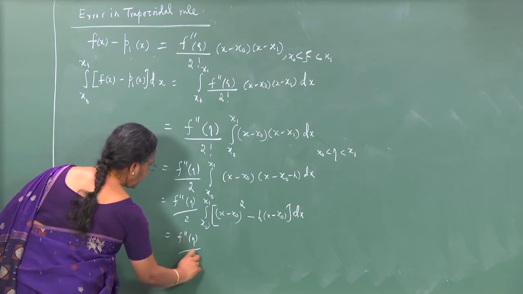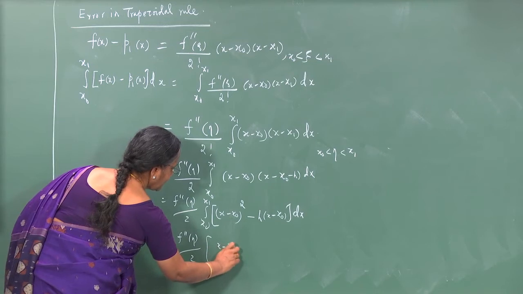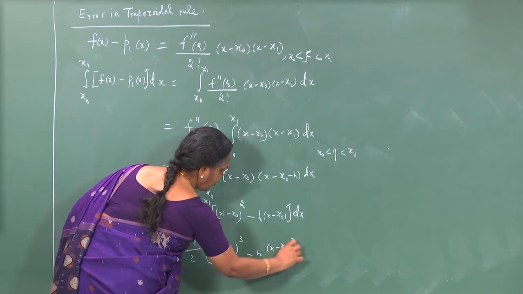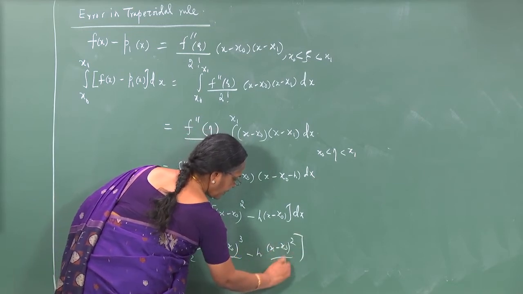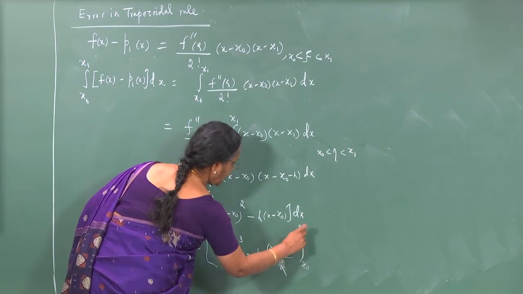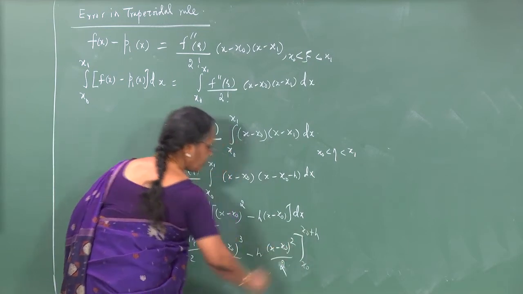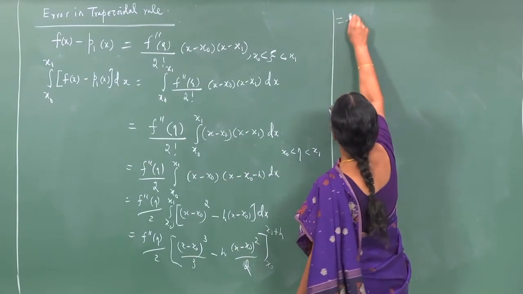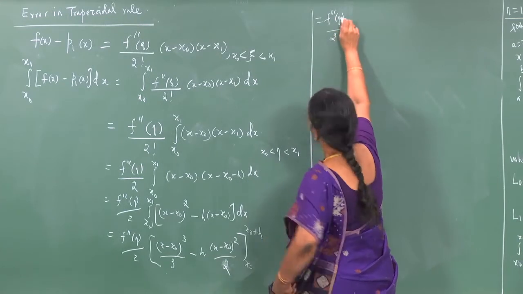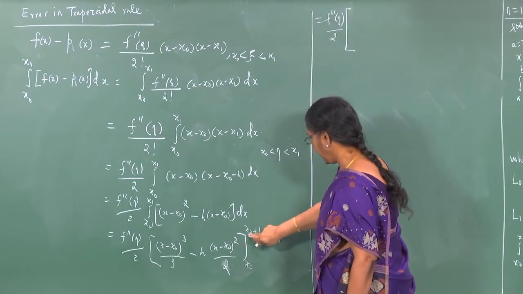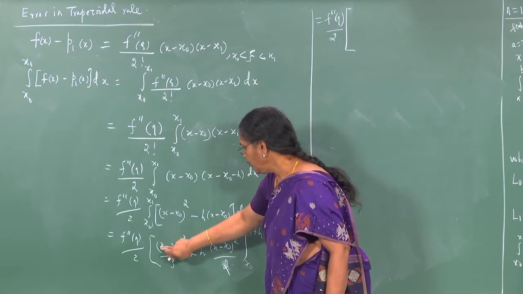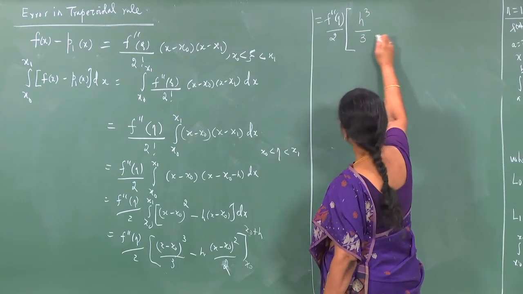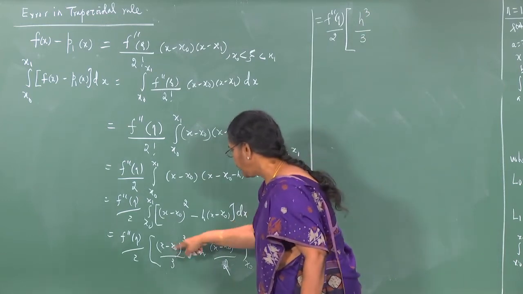So, f double prime eta by 2 into x minus x0 the whole cubed by 3 minus h into x minus x0 the whole square by 2, between the limits x0 and x0 plus h. So, this gives f double prime eta by 2 into, at the upper limit x0 plus h, this will give you x0 plus h minus x0, so h cubed by 3, and at the lower limit this will vanish.